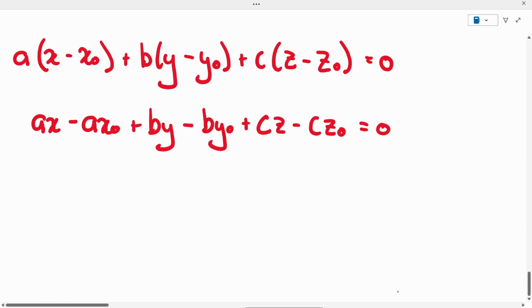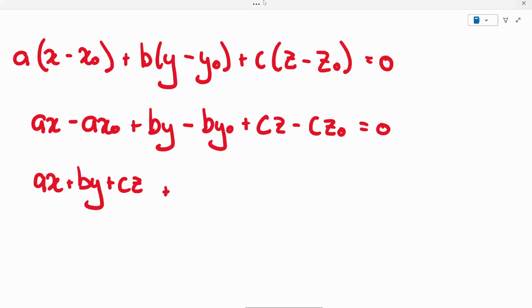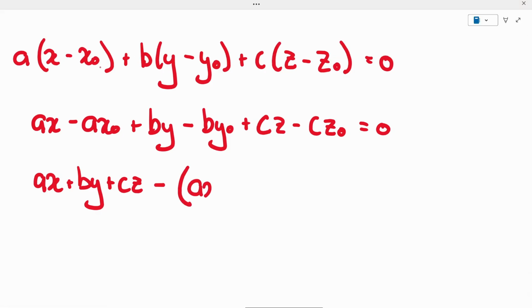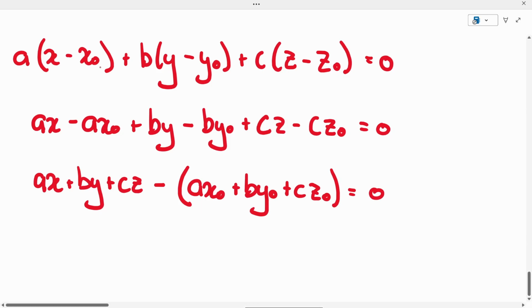You all okay with that? All I did so far was expand the brackets. Now I will group ax plus by plus cz, and minus (ax0 plus by0 plus cz0) equals 0.